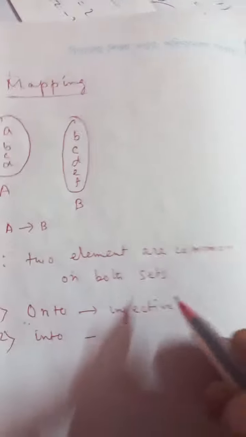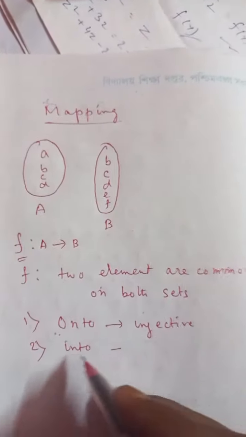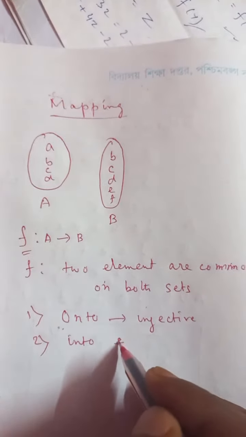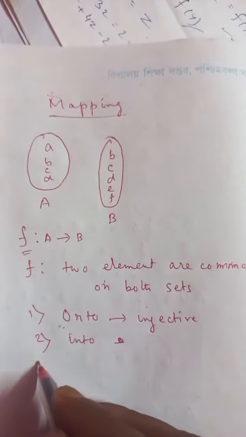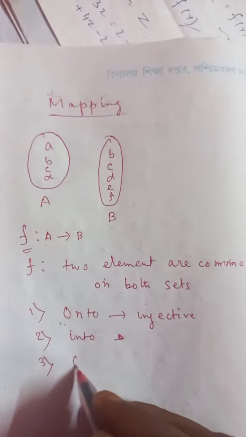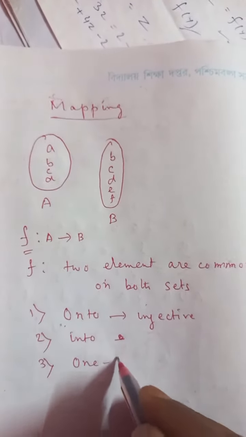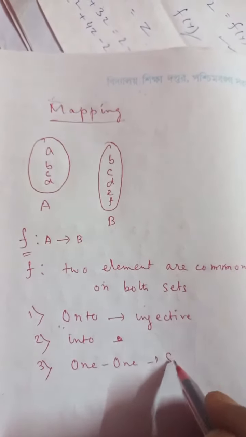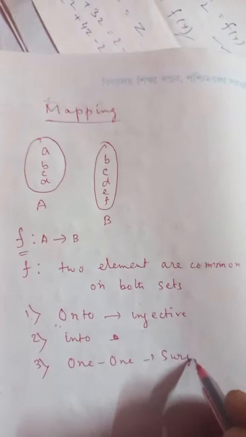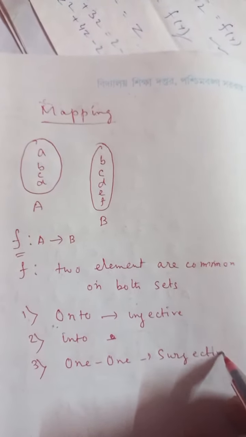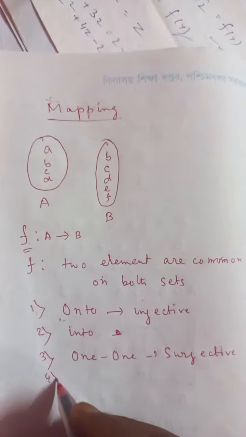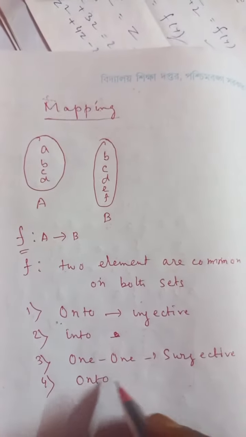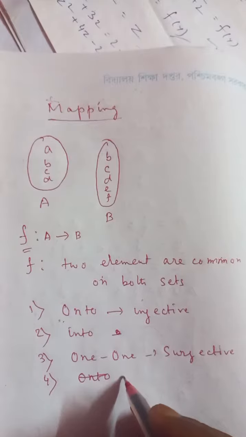And onto, and one can be into, and another is one to one, so injective also. And the fourth one is many to one.